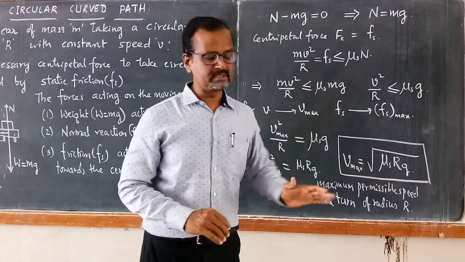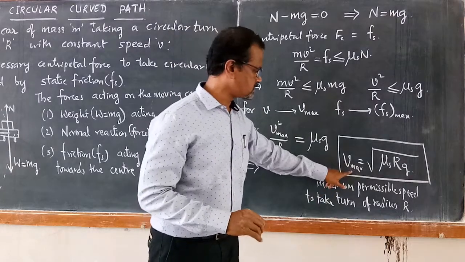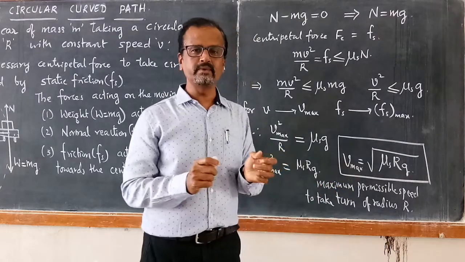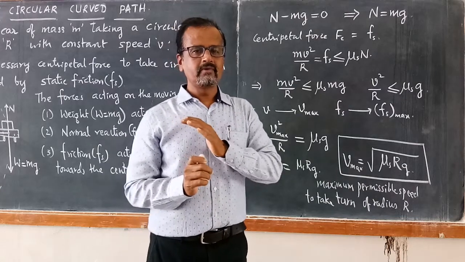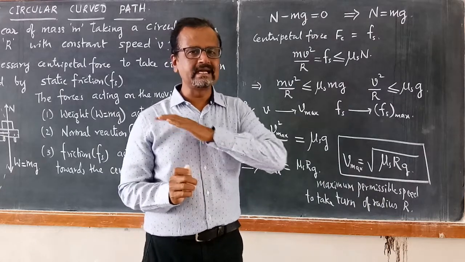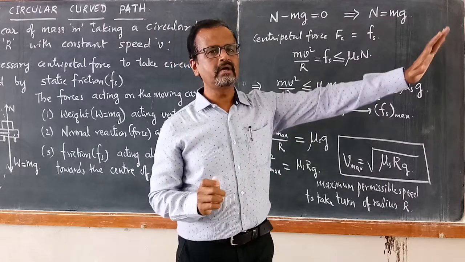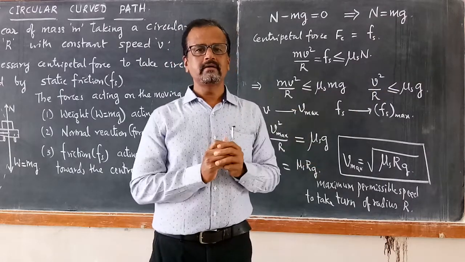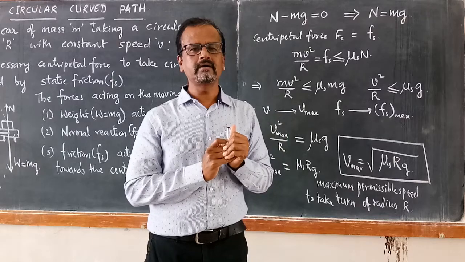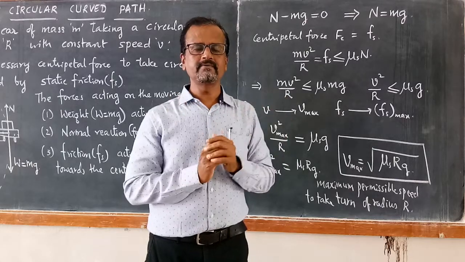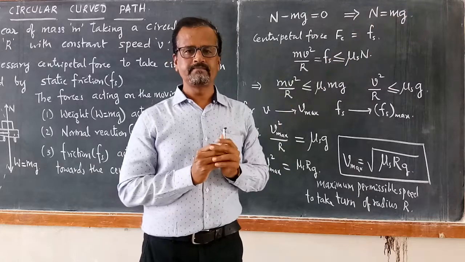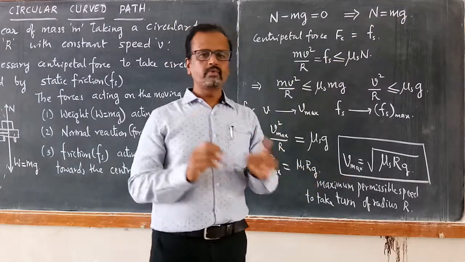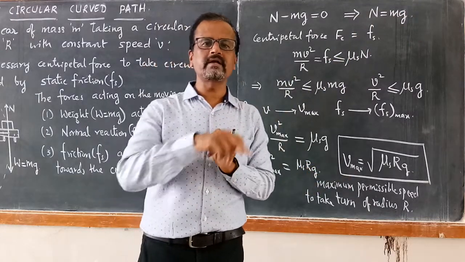So if the road surface is very smooth, you must drive with a very low speed. Otherwise, the vehicle tires will skid away and go away from the road, and the vehicle will be under trouble. It will be meeting with accident. It will skid away from the road and fall away. So that is the reason there will be a signboard whenever there are turns.